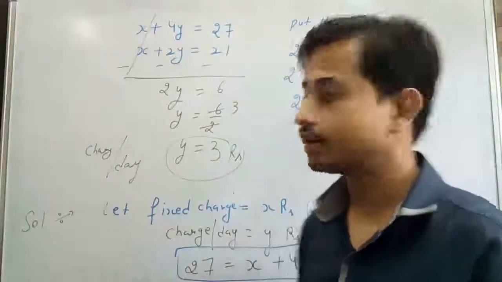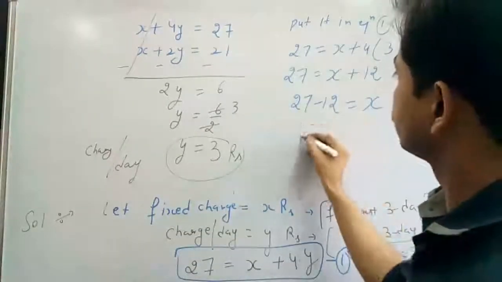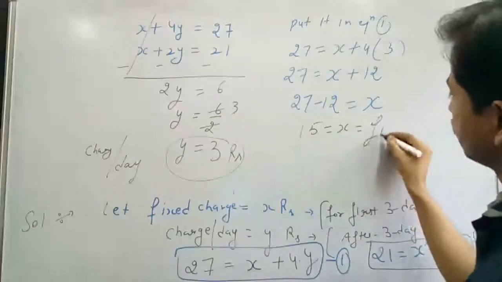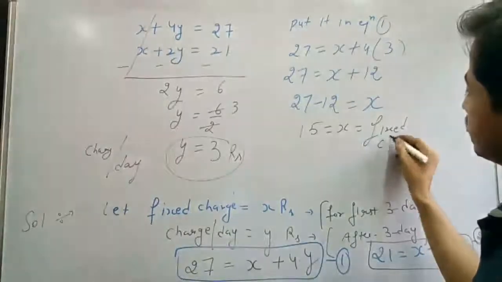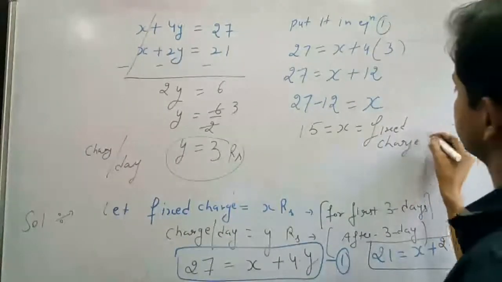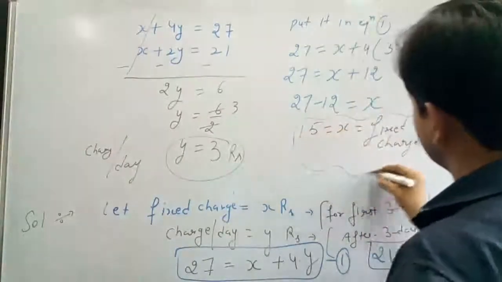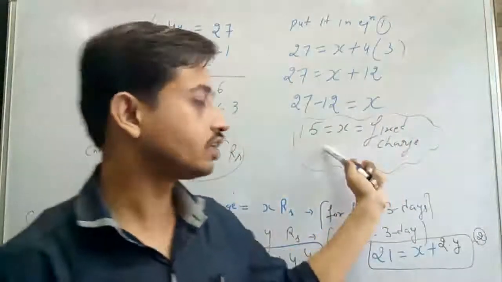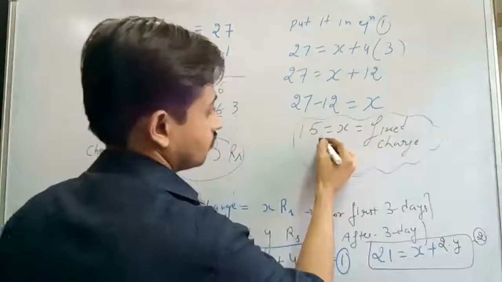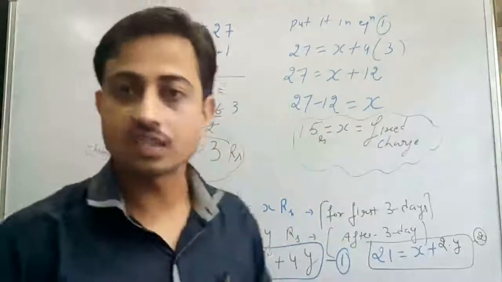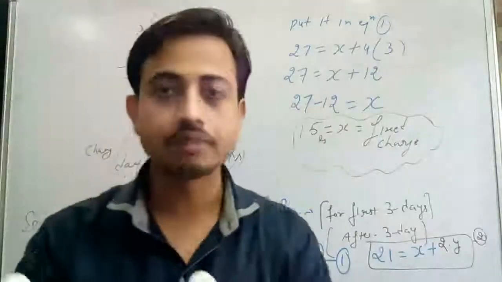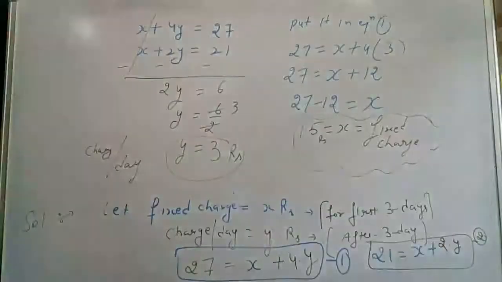Now 27 minus 12, we get 15. X is the fixed charge. So our answer is that the fixed charge is 15 rupees and the charge per day is 3 rupees. Please make a note.